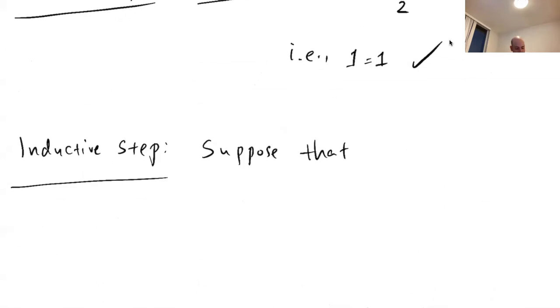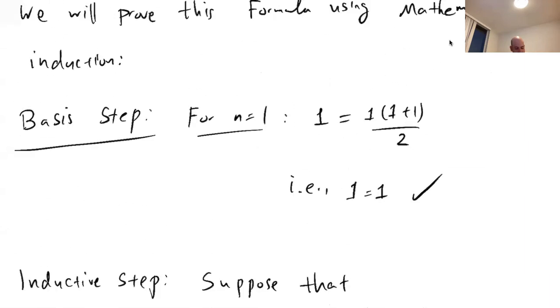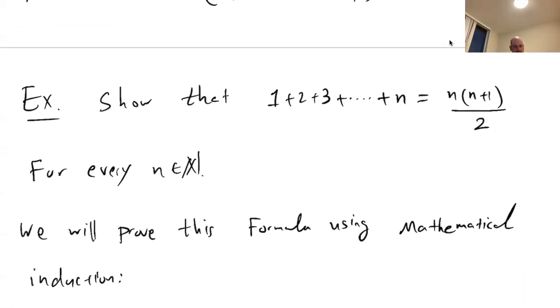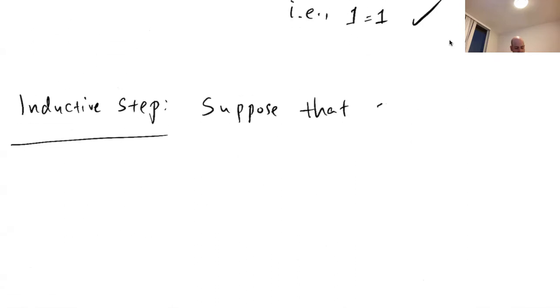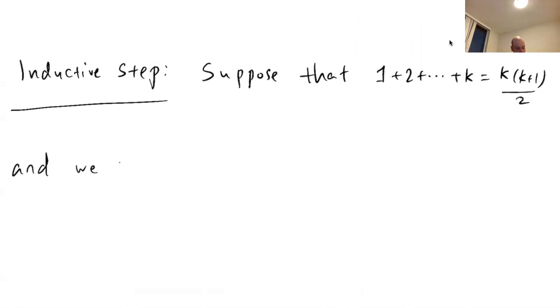So suppose that 1 plus 2 plus ... plus k equals k times (k plus 1) over 2. And we will show that it will be true for k plus 1.